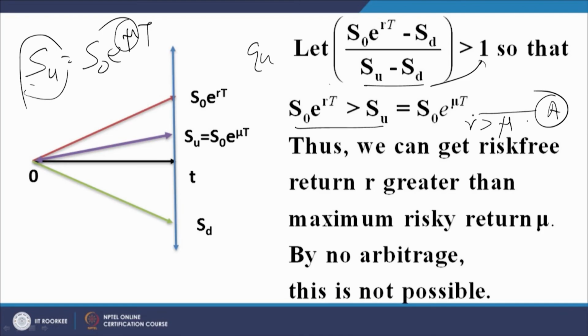If you invest in the stock, the maximum return you can get is mu, but if you invest in the risk free asset, you could get a return which is higher than mu with certainty, and in the case of the stock, you may as well end up with a negative return, with a lower return.